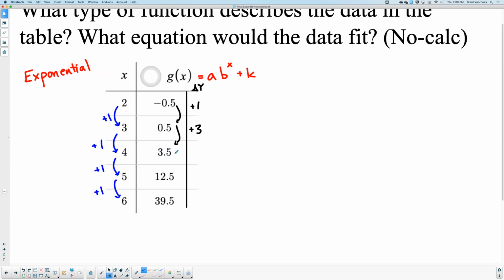We increase by 3. What about from 3.5 to 12.5? Increase by 9. What about 12.5 to 39.5? 27. Okay, this cleans up our data. Now we can see, what is it that we're actually multiplying by? 3. We're multiplying by 3.